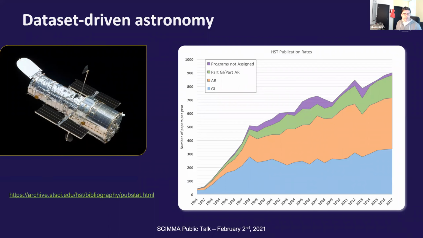And those data have been placed into archives. And today there are data sets with petabytes of imaging and terabytes of catalogs. And for many science cases, you don't need new observations. You can go into the archive and write papers based on archival data. Here, this is shown for the Space Telescope, for HST, just because I had that easily available, but you can write a similar plot for virtually any archive today.